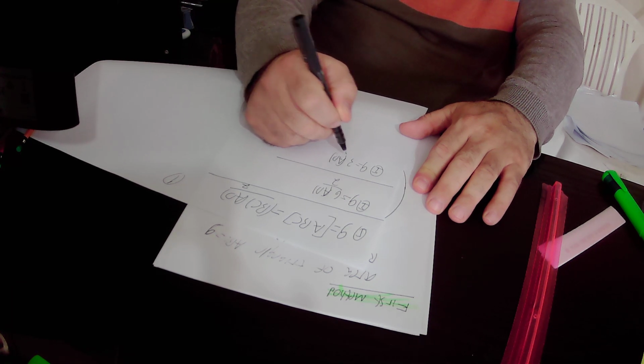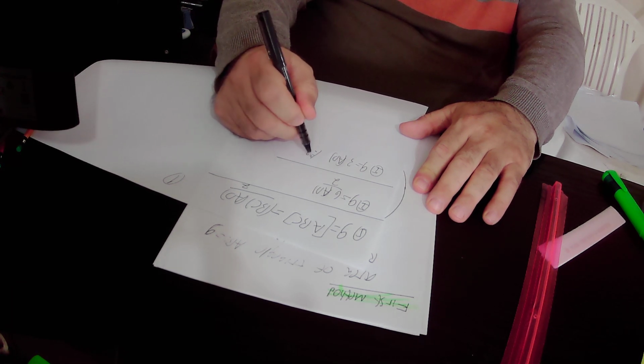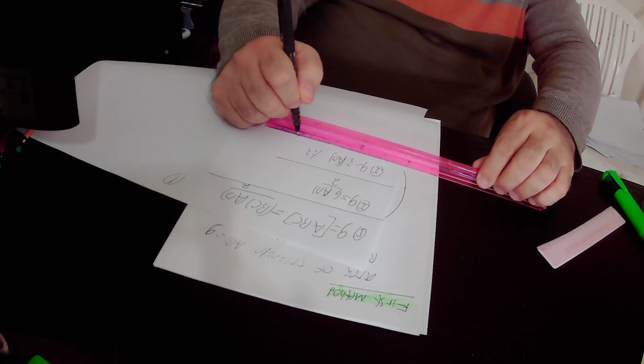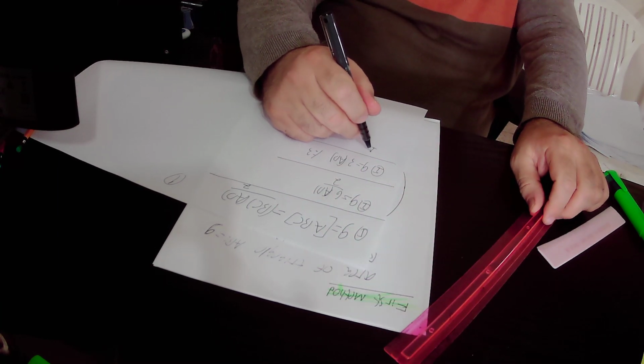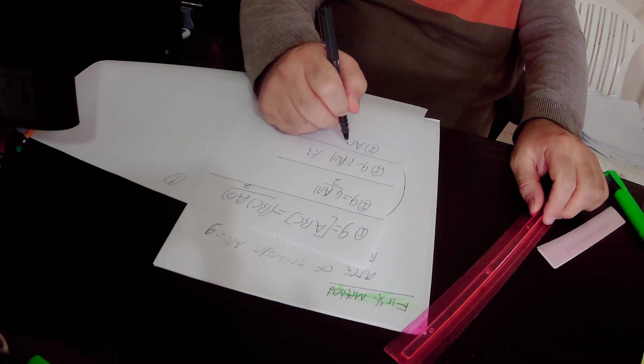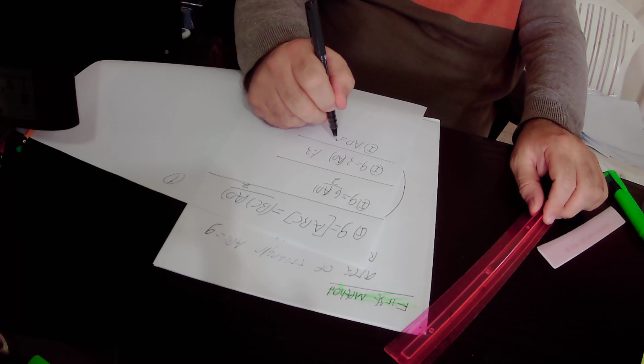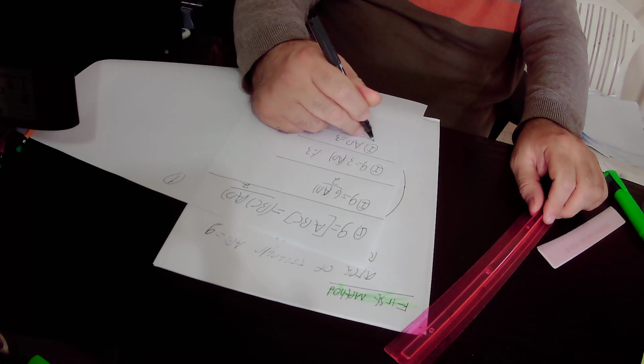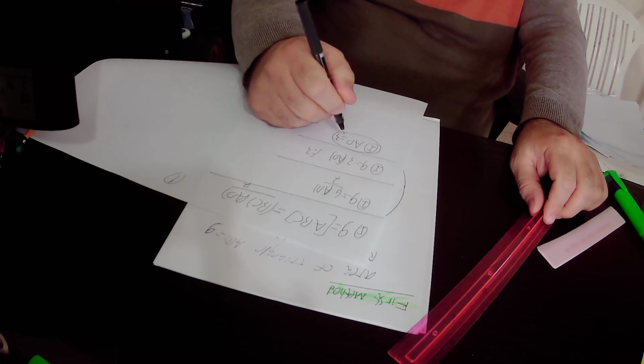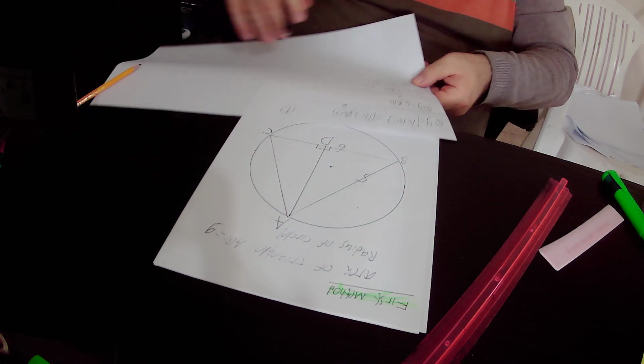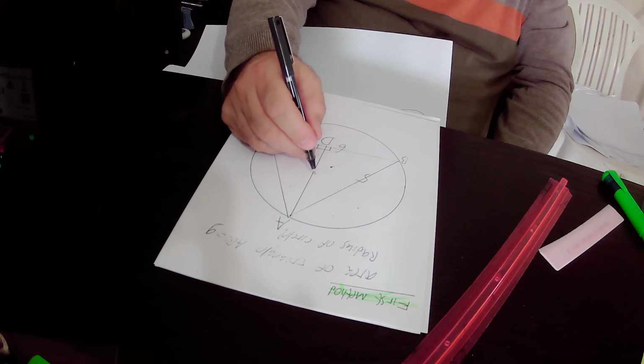Here we divide this equation number 1 by 3, and we get that AD equals 9 over 3, which is 3. AD equals 3 units. So we found that here AD equals 3 units.